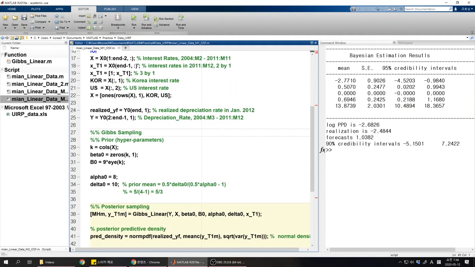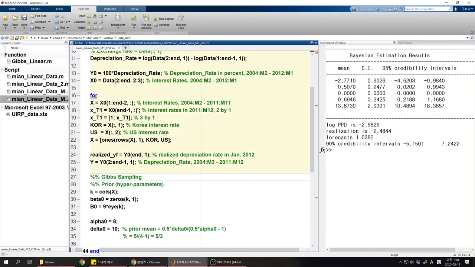For loop, say itr, out-of-sample forecasting, from 1 to 12.